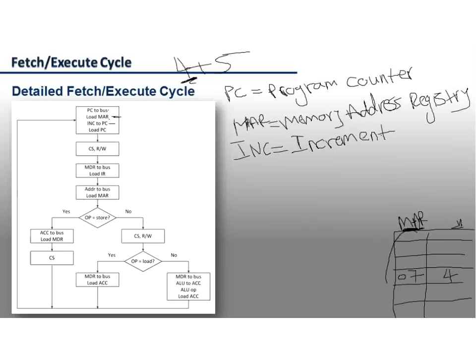We have an address, we increment it, we add it to our PC. Then we load it. So now number 7, which is the address, is known to the PC. The PC knows that the address is number 7.